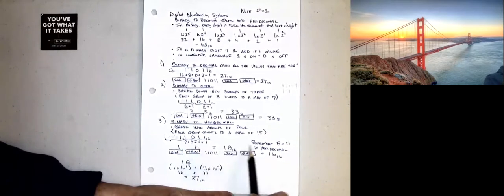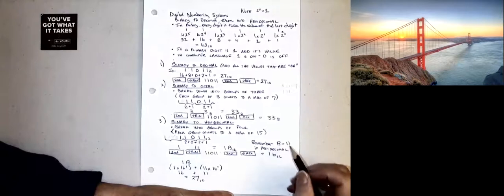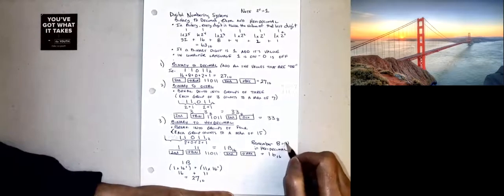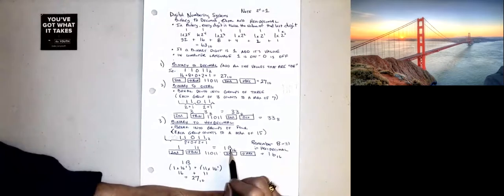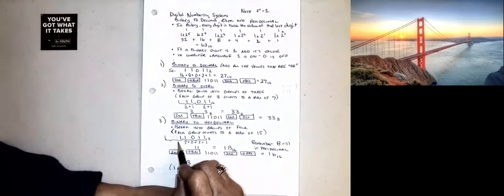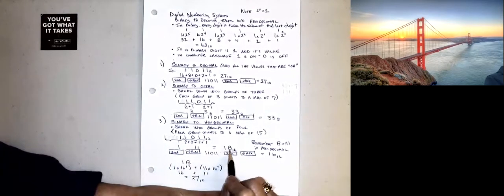But remember, in hexadecimal, 11 was actually the B. So my second number here is going to be a B, and then my first number was just a 1, and so 1B in hexadecimal.